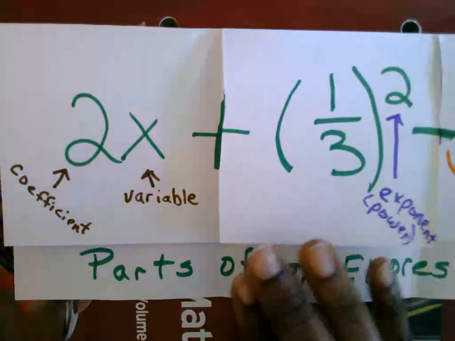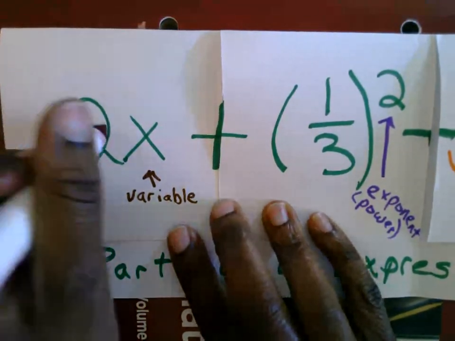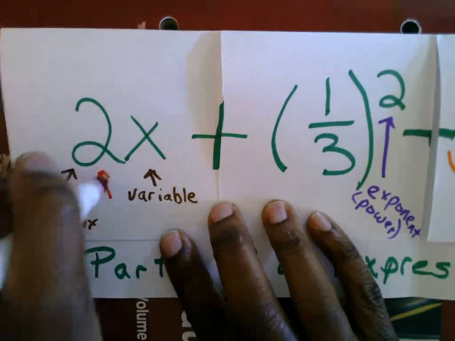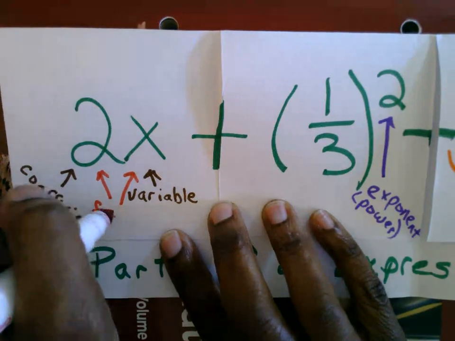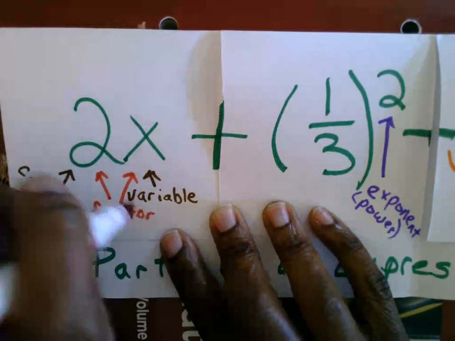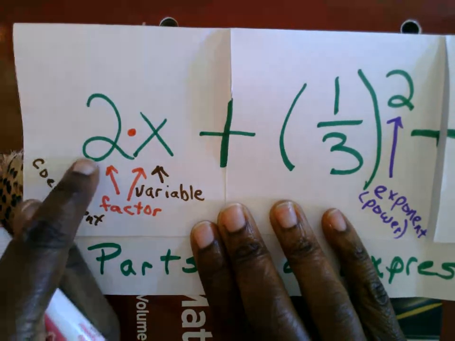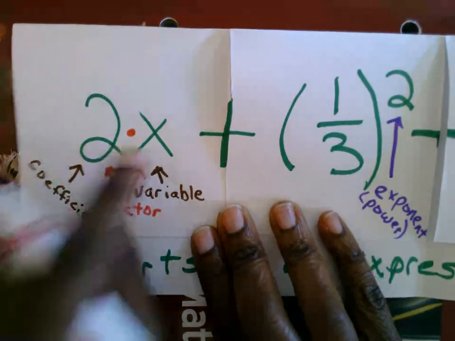The 2 and the x are factors, and they are separated by multiplication. So this is 2 times x. So put a dot in between the 2 and the x.